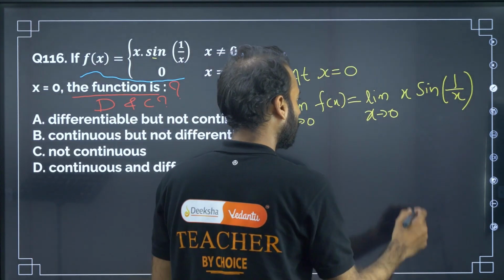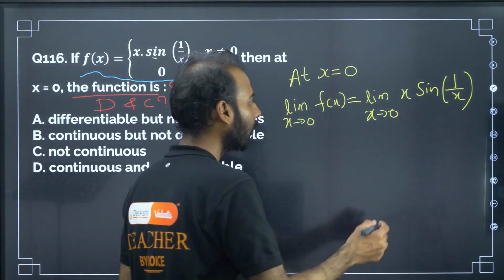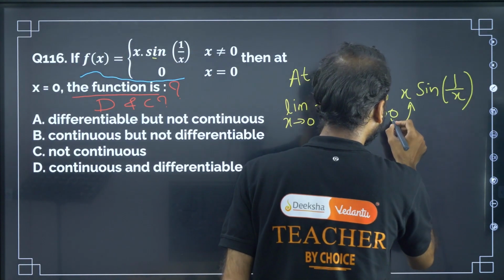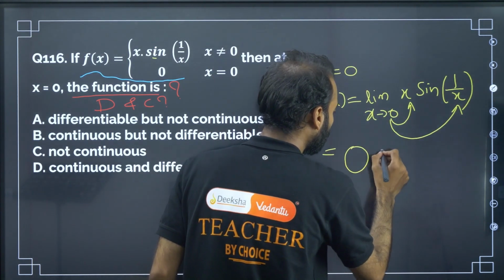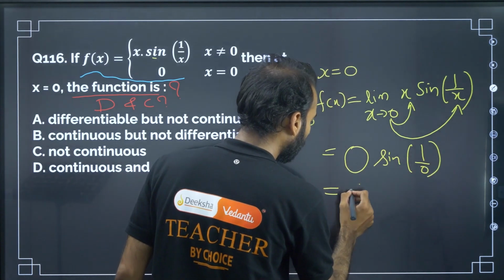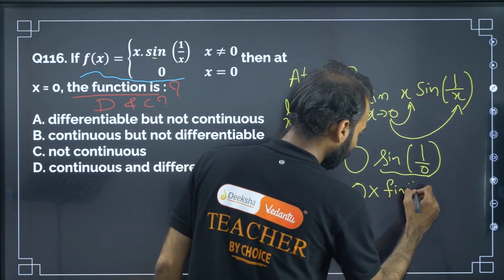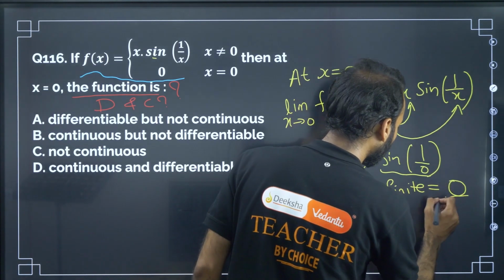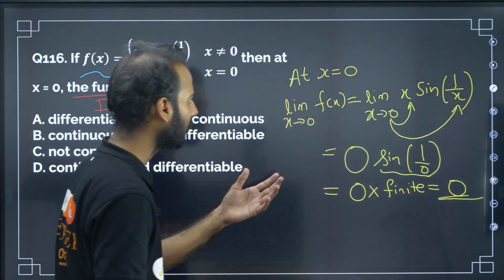How to evaluate a limit? Every time I say go for direct substitution. If that doesn't work, go for other methods. So substituting 0 here, this is 0 into sine of 1 by 0, which is 0 into some finite quantity, so it goes to 0. So this limit has a fixed value, that is 0.